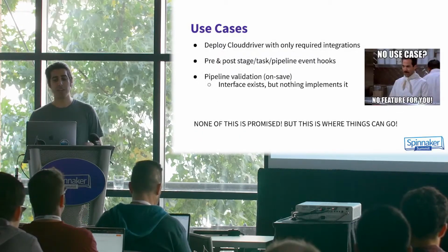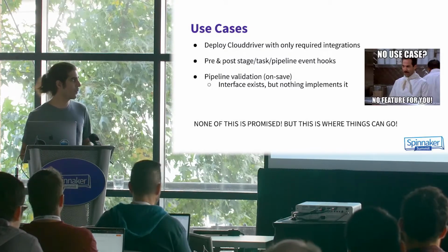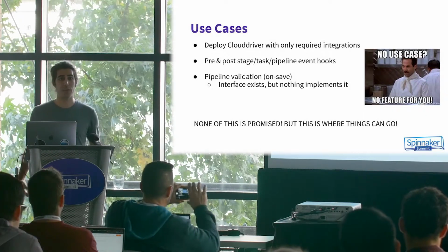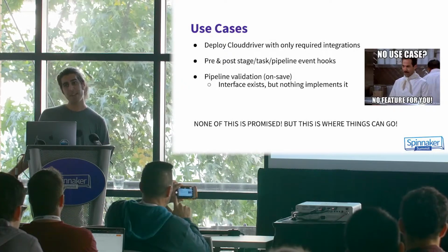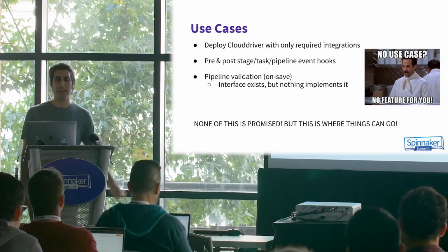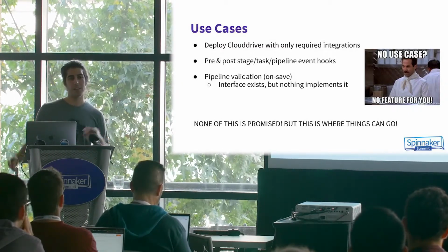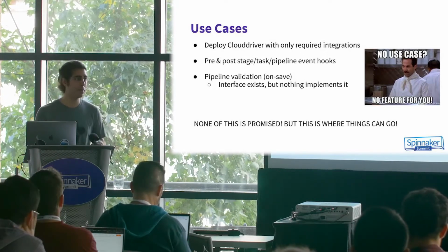So what are some use cases that we've thought of? I mentioned earlier, it would be great to have a cloud driver with only the code necessary. Pre and post stage task pipeline event hooks would be great. You could have FedRAMP compliance or something like that, where before you deploy a service, you need to ensure that all the proper checks are in place.